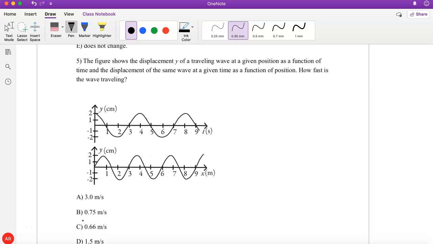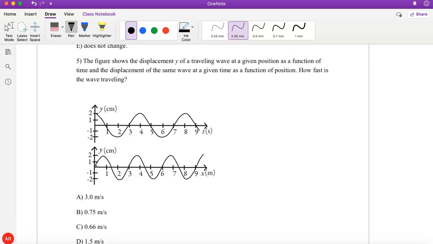It's saying the figure shows the displacement y of a traveling wave at a given position as a function of time. That's a history graph. And the displacement of the same wave at a given time as a function of position.